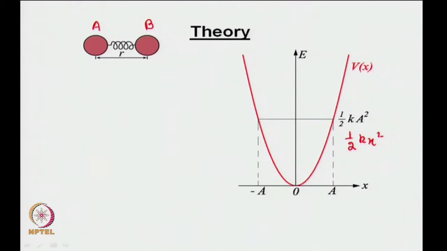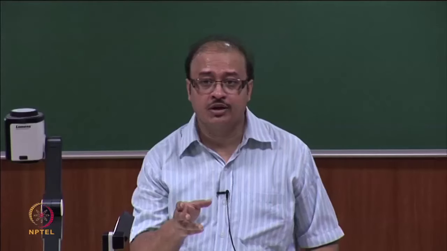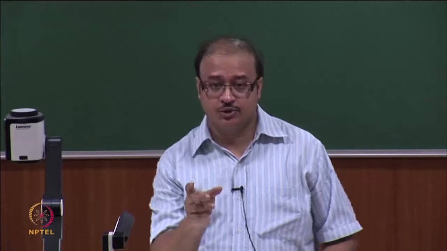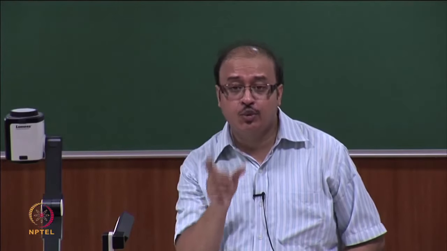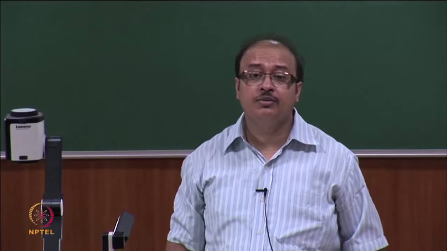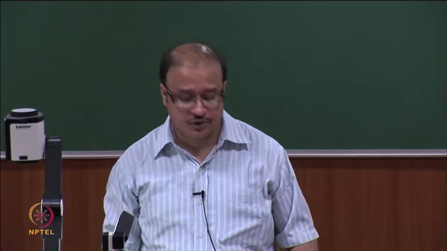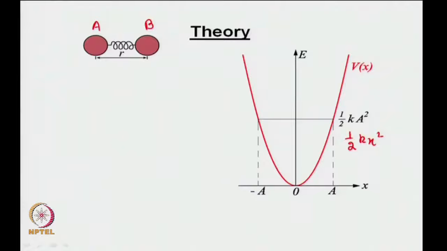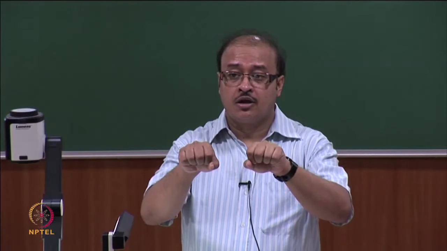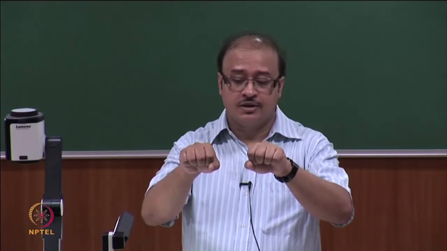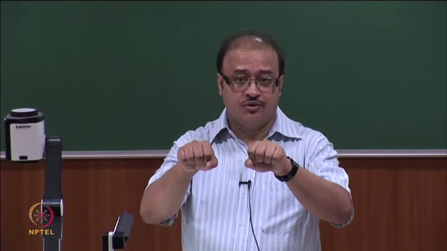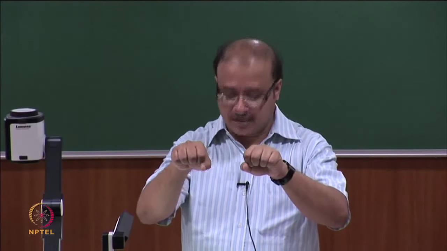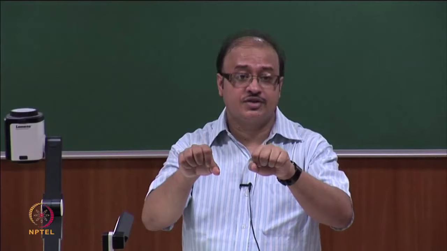Now, what is this x? x means the amount of stretching or compression I am doing with respect to the equilibrium bond distance, or the equilibrium nuclear geometry. So, if I have two atoms having a bond in between, this is R0, which is the equilibrium distance, that is what the 0 in this graph signifies.